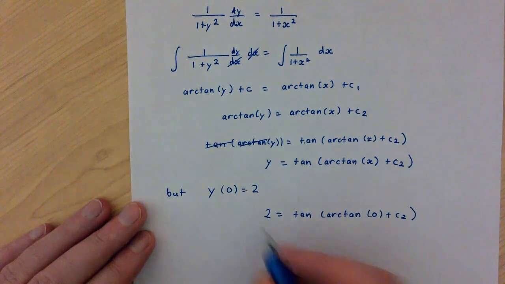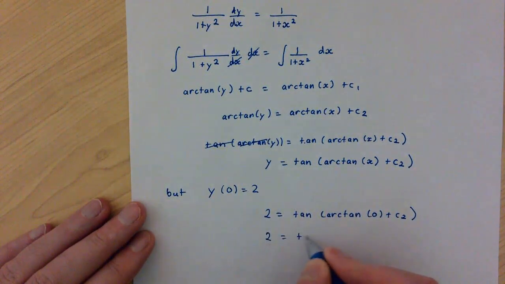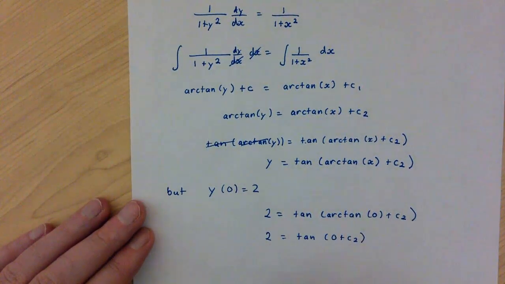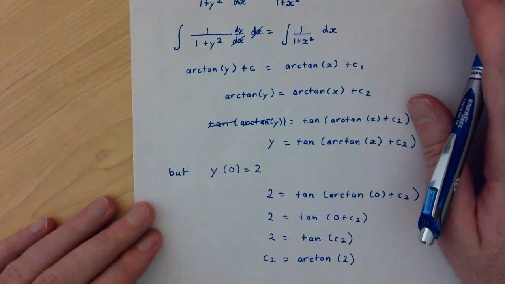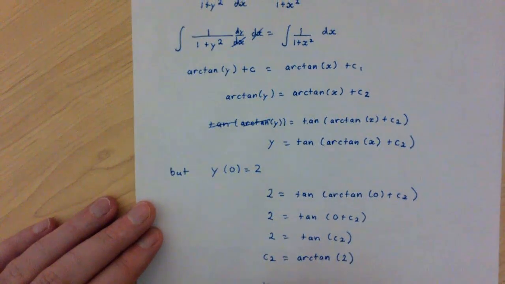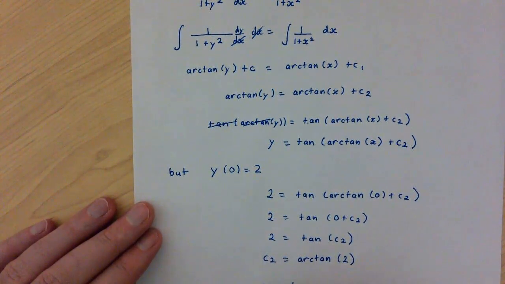Well, that's just 0. So it'll be tan of 0 plus c2. So 2 is equal to tan of c2. So c2 is equal to arctan of 2. And so then my function is y is equal to tan of arctan of x plus arctan of 2.